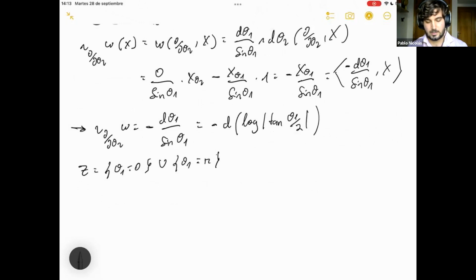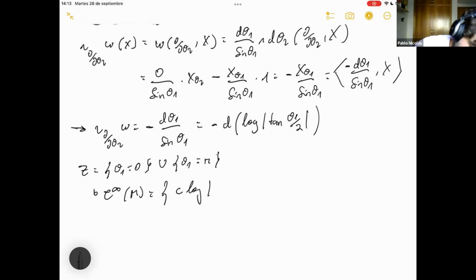But is this smooth in the context of b-symplectic geometry? Well, it is, because we were saying that the set of b C infinity functions on a manifold is a constant times the logarithm in absolute value of a function f, plus g, where c is a constant and f and g are C infinity smooth functions.